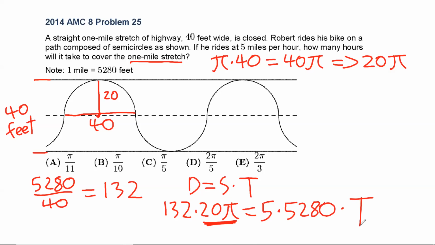So right, when we solve this equation, we would get that t is equal to pi over 10 hours, which is B.